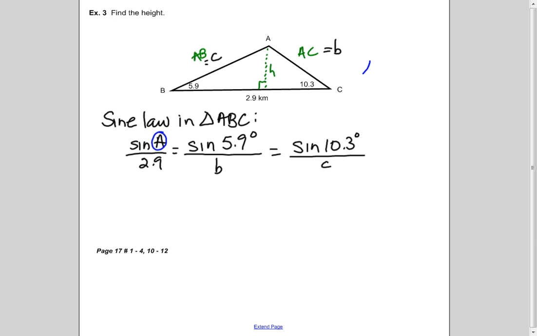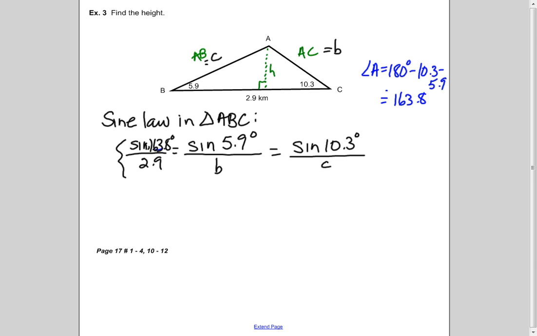Angle A is 180 minus the 10.3 minus the 5.9, and we are left with 163.8. So now, if I replace that, I have enough information. One of my ratios is complete.